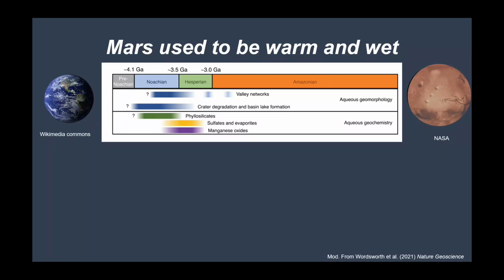So we have abundant evidence now from the numerous rovers on Mars, as well as orbital measurements, that Mars used to be warm and wet. There's a really nice paper from Robin Wordsworth in 2021 that suggests that sometime in its distant past, probably before 3 billion years ago, there was flowing water on the surface.